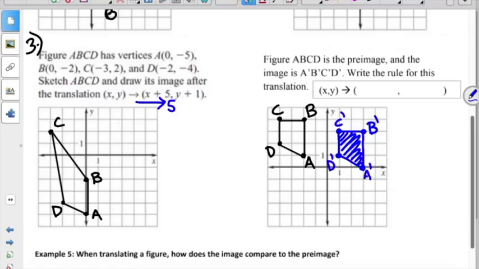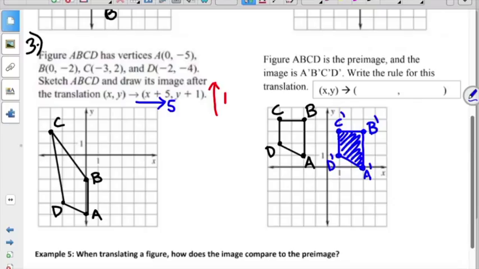Start with A, move to the right 5 spaces, and then up 1, and then plot your new A, which we call A prime, with the apostrophe. We're going to have you do that one on your own and move on to number 4.